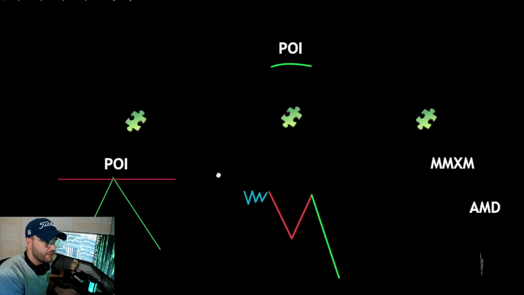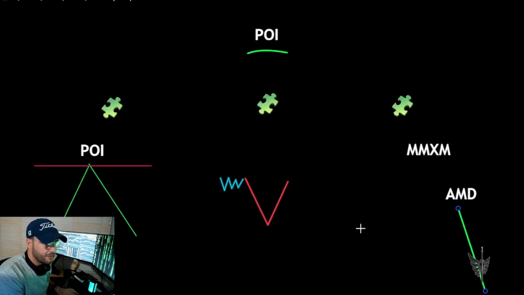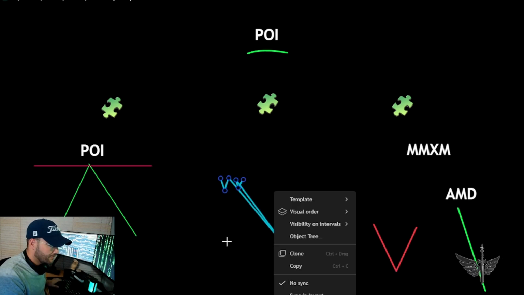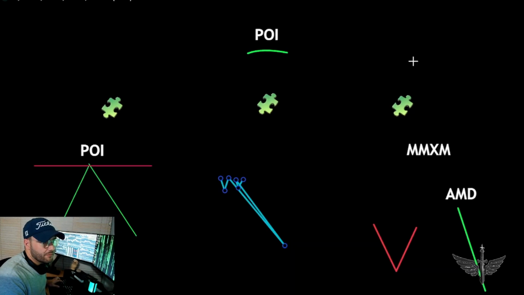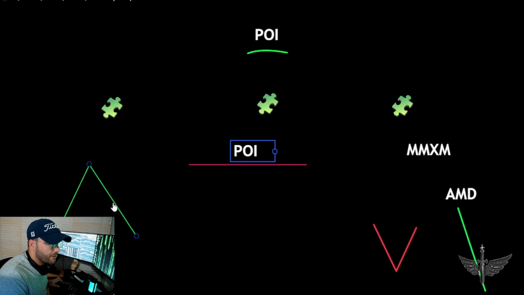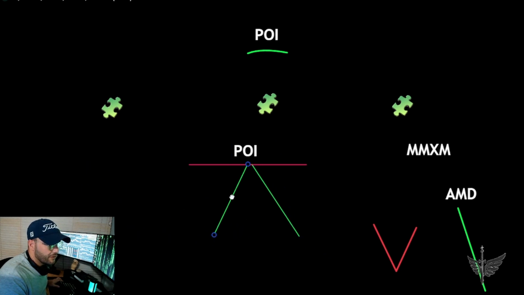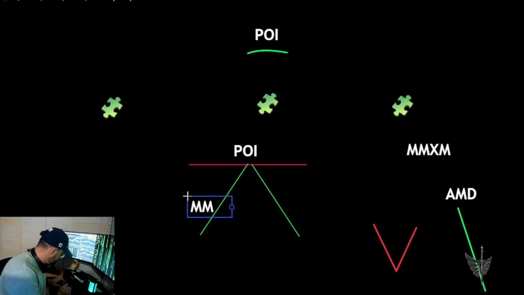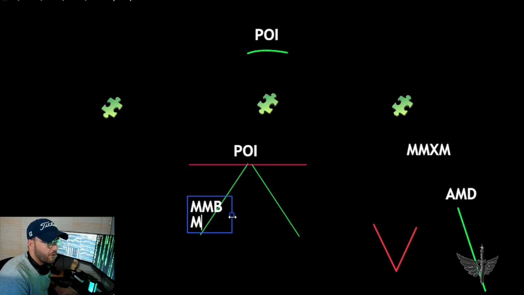Let's actually move this one up. Sorry, I want to build this thing beautifully for you guys so it makes more sense. So that's our POI. Our POI gets reached after a buy model took place. So here is the market maker buy model.